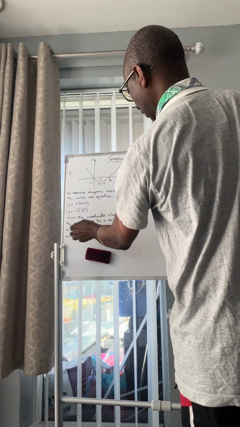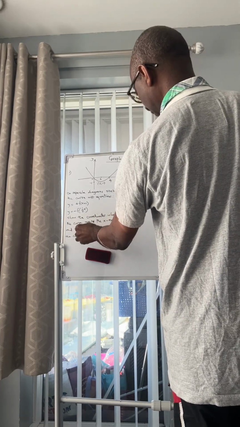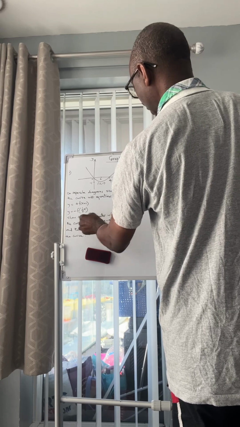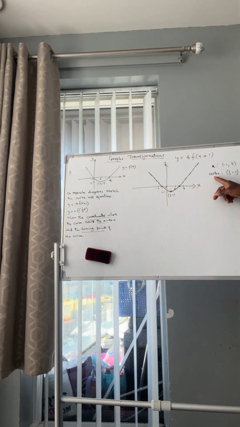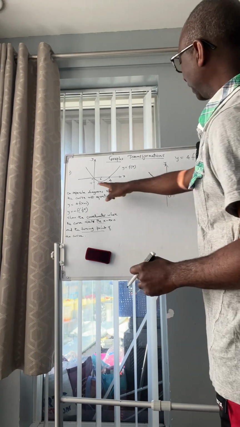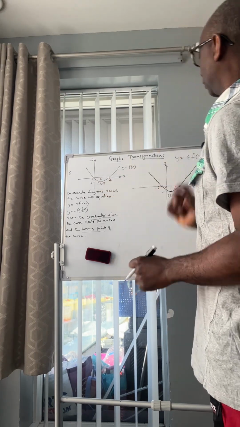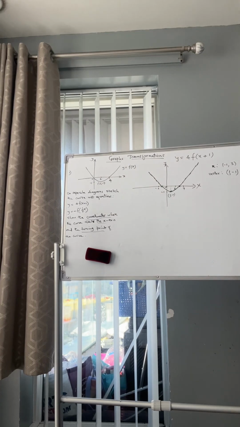So these are what they are asking us to find, the turning points. The turning point is simply the vertex and show the coordinates. So this is the turning point, 1, -1, and the new coordinates, -1, 3. The old coordinates were 0, 4. So the first part is done.